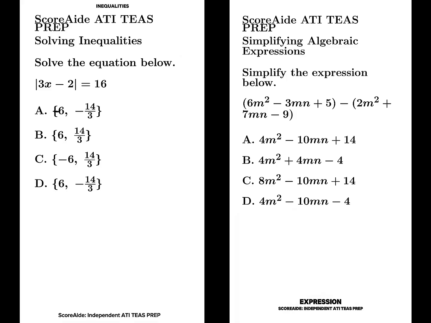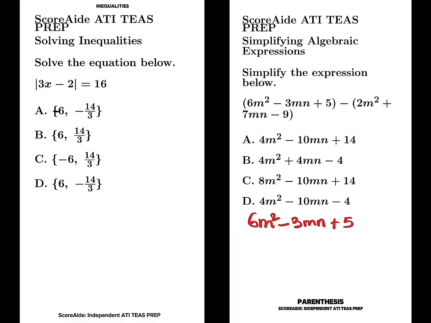Simplify the expression below: 6m squared minus 3mn plus 5 minus, bracket open, 2m squared plus 7mn minus 9, right? Now, these questions are very similar to the ones that we've already solved. So we're just going to have 6m squared minus 3mn plus 5.